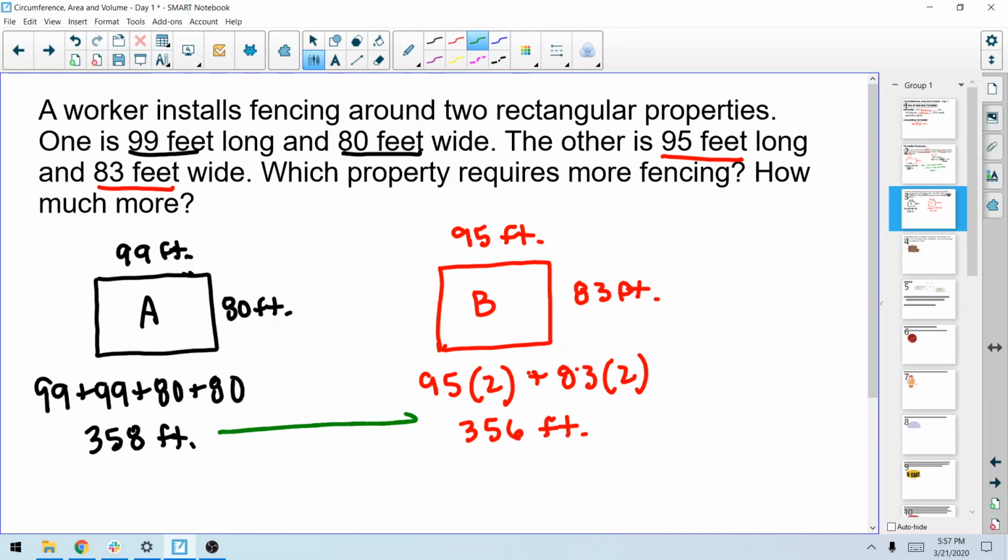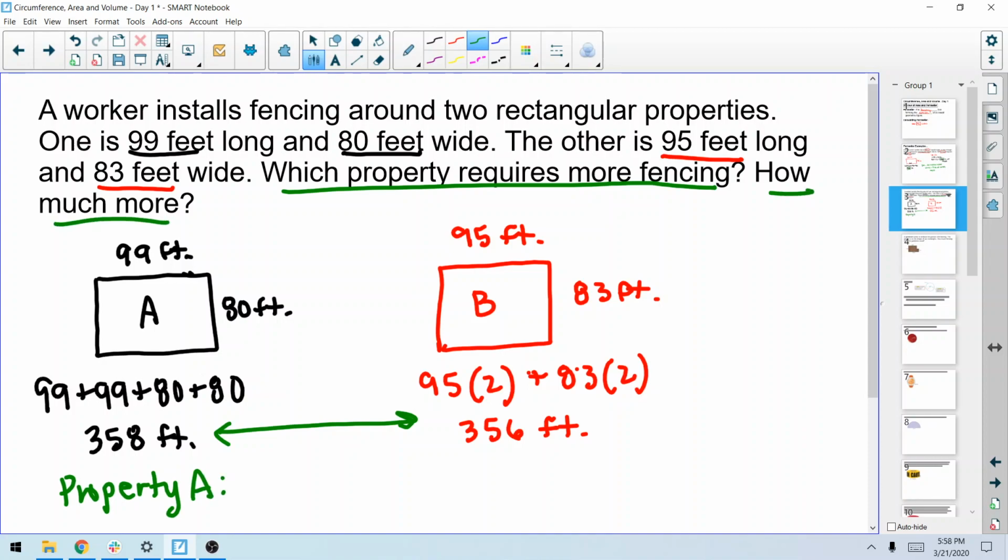Which property requires more fencing? Property A. How much more? 2 feet more, because we're going from 356 to 358.